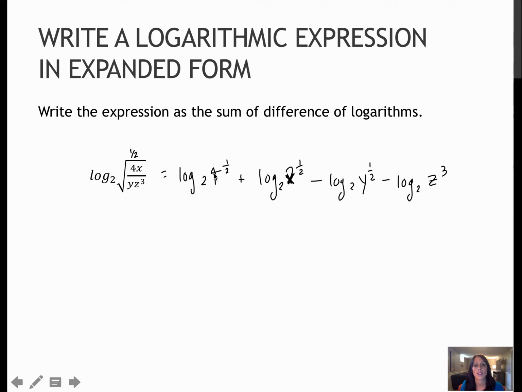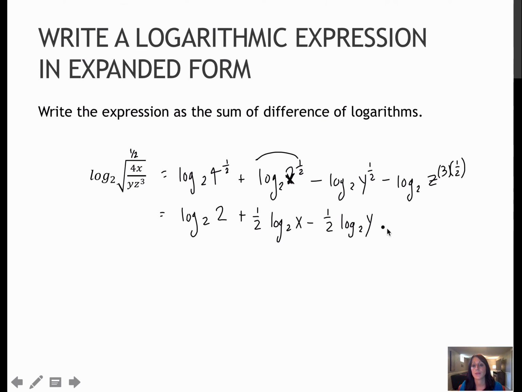I can go ahead and take the square root of 4. So instead of moving the 1/2 out front, I might as well take the square root of 4, which is 2. So this is actually log base 2 of 2, which we'll simplify further in just a moment. I'm going to actually move the 1/2 out front, so 1/2 log base 2 of x. This one again, 1/2 log base 2 of y. Oh, and look at me, I forgot my 1/2 there.